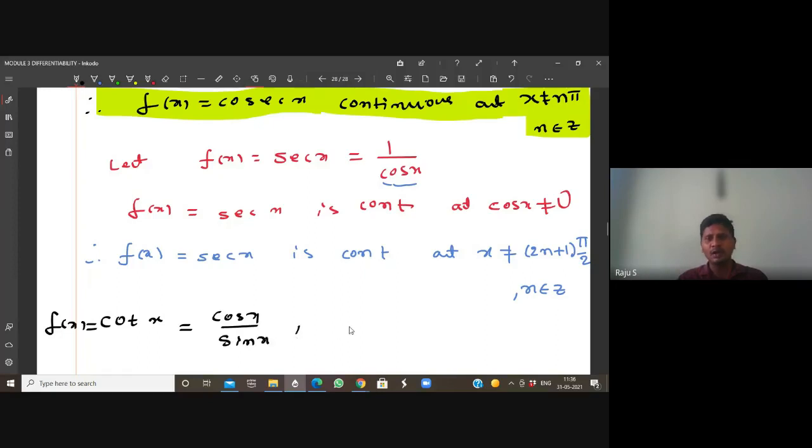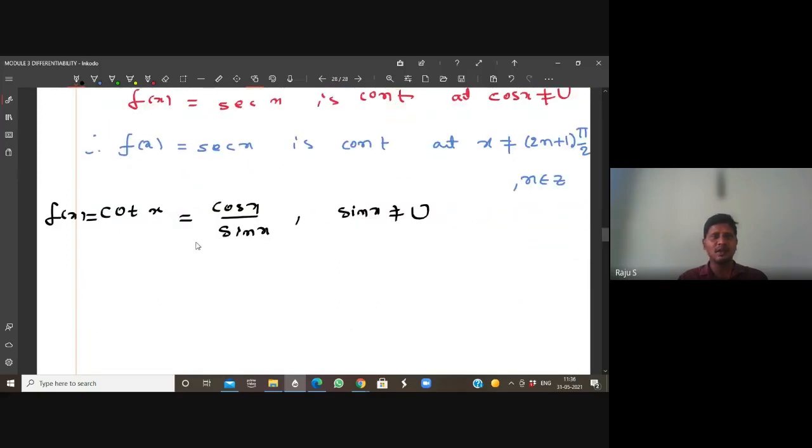So when cot x exists, sin x must be not equal to 0. So f of x equal to cot x is continuous at x not equal to n pi, n belongs to Z.